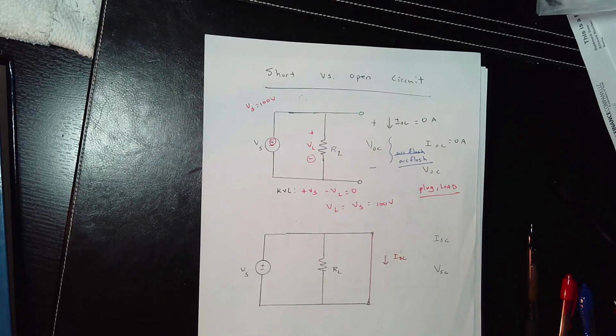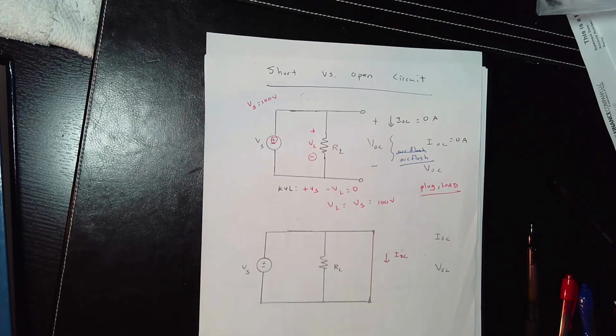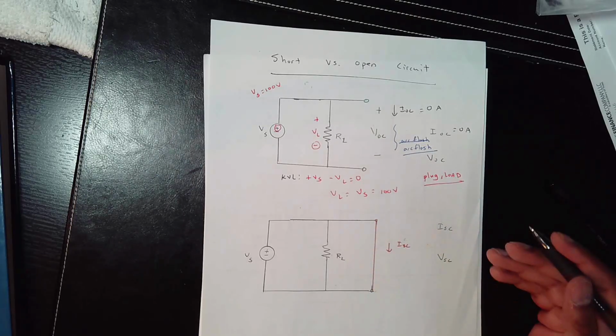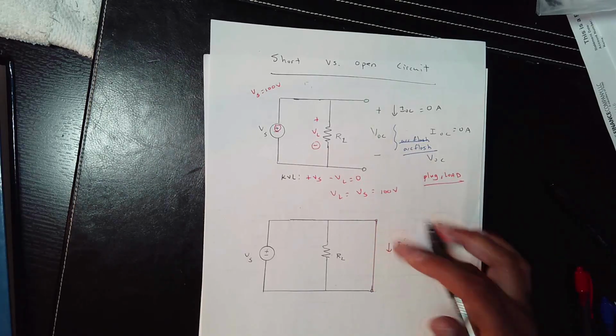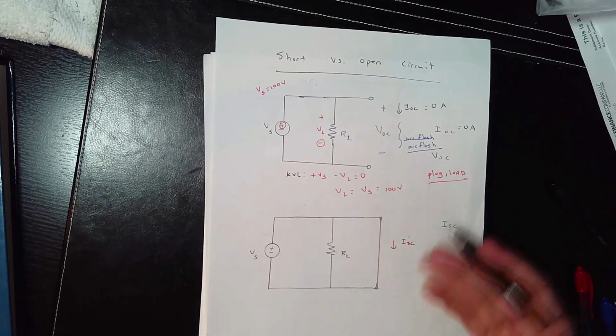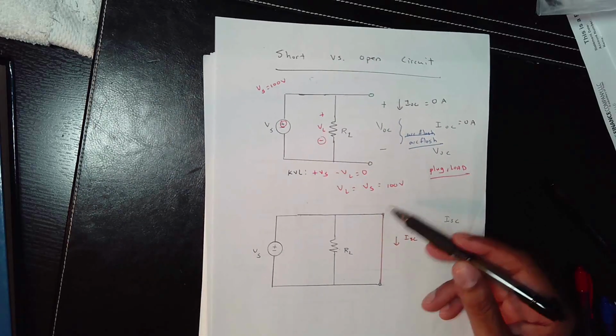So let's look at the short circuit. Well, how does the short circuit work? In the same view, let's analyze the short circuit. In the short circuit, I'm just going to close this circuit across the load, right? And the way you want to do this is, what is the voltage across here? You can do the current across, but you really want to do the voltage first.